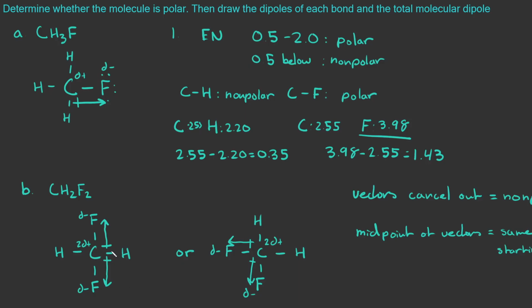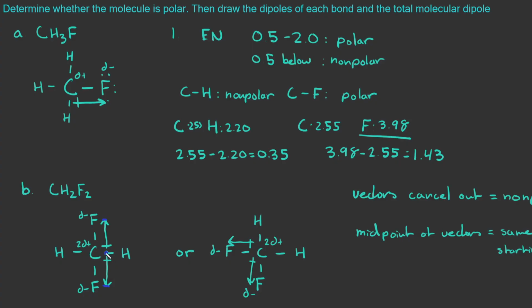If we look at this example, we start from our carbon, because that is where the tails of both your arrows or vectors start. One arrow goes up here, and one arrow goes down here. If you look at the midpoint between here and here, the midpoint of that vector is still right here. Let's do that in a different color so it's easier to see. The midpoint is right here if the vector ends here, and the other vector ends here, right?